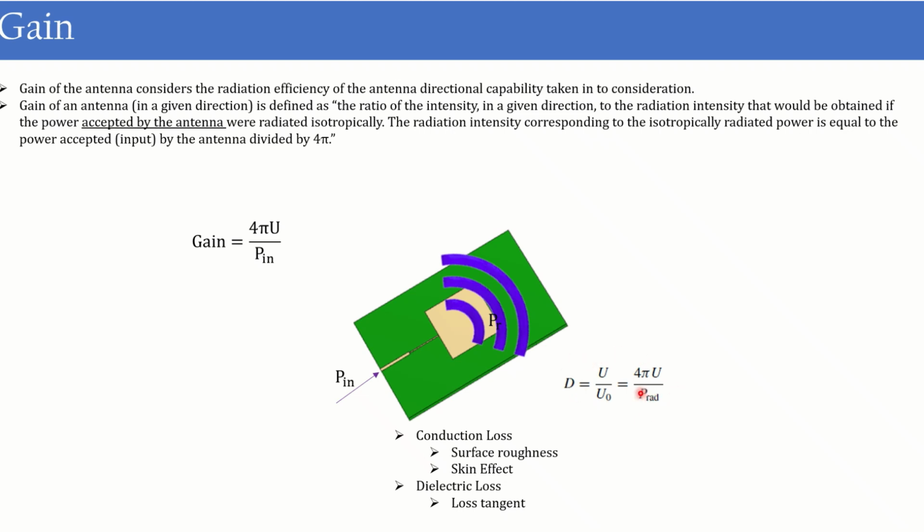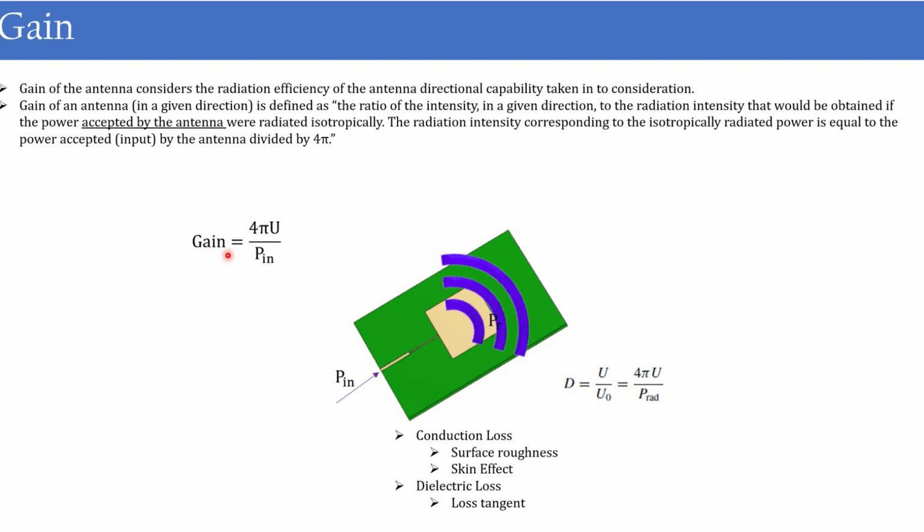We know that P radiated is less than P in, so the directivity will be more than the gain because we are not taking these losses into consideration. But in case of the gain, it is similar to the directivity, but it takes all these losses into consideration. So the P in is taken into consideration while calculating the gain.